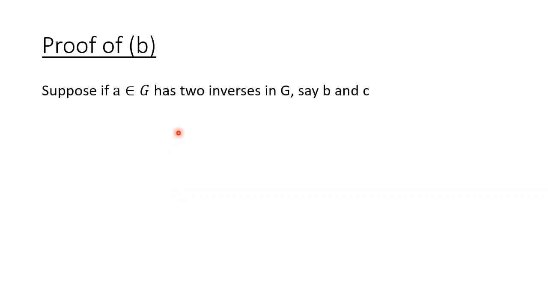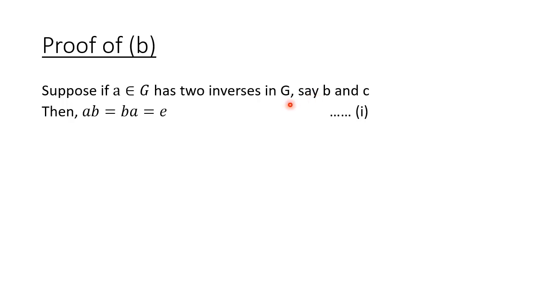Next, the second proof, about the inverse. The inverse of each element should be unique. Here also we use the method of contradiction. Suppose an element A belonging to G has two inverses B and C. Then by the definition of inverse, A dot B should be equal to B dot A is equal to E. That is, on operating with the inverse, we get the identity element.